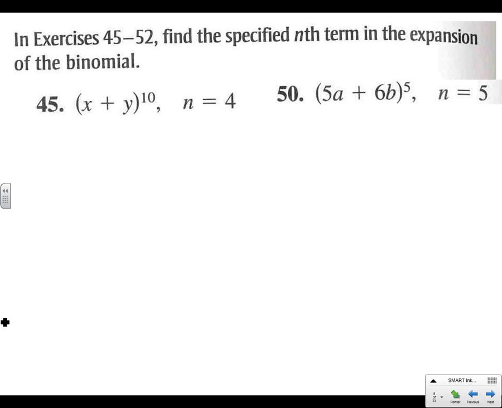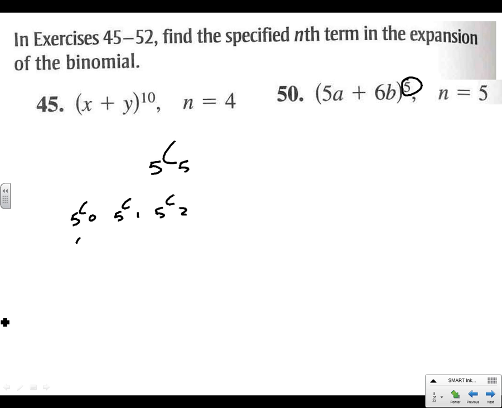All right, next, find the specified nth term. We want the 5th term in here. So this is going to be 5c, taking that 5 from right here, okay? And I want the 5th term in here. And so you're tempted to put a 5 right here, because it's the 5th term. But remember when we were doing that in the last one, if I wanted the first one here, we're going to go 5c0, and then 5c1, and then 5c2.